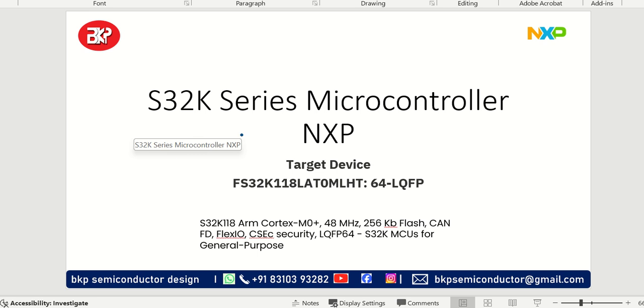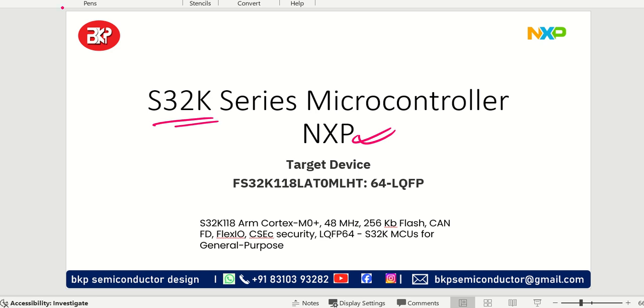As you can see, this is a microcontroller from NXP, S32K series, and the complete part number for this is FS32K118LAT0MLHT. LH is actually denoting 64 pin and LF is denoting 48 pin.